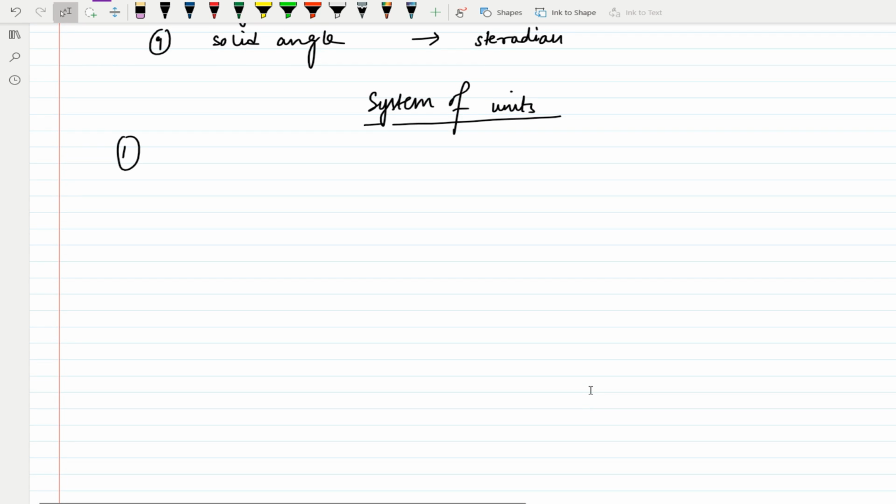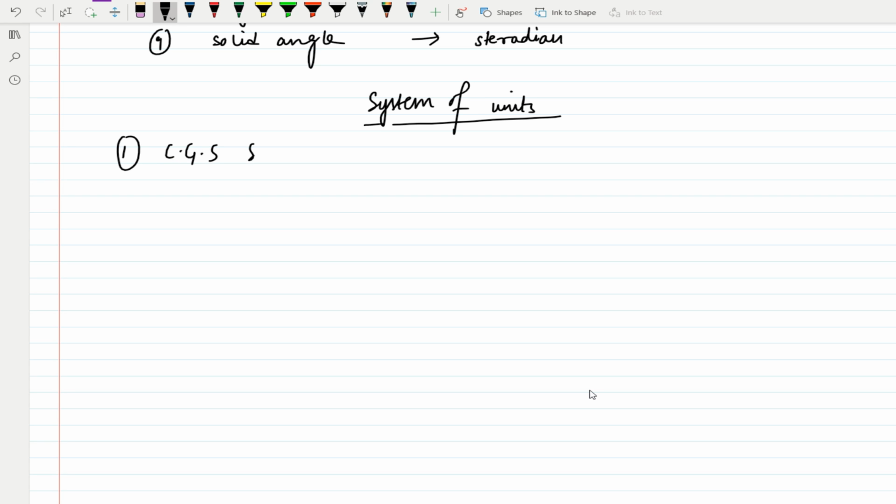So we will be discussing the systems of units which have length, mass and time with different units. Okay, so the first system is called the CGS system.